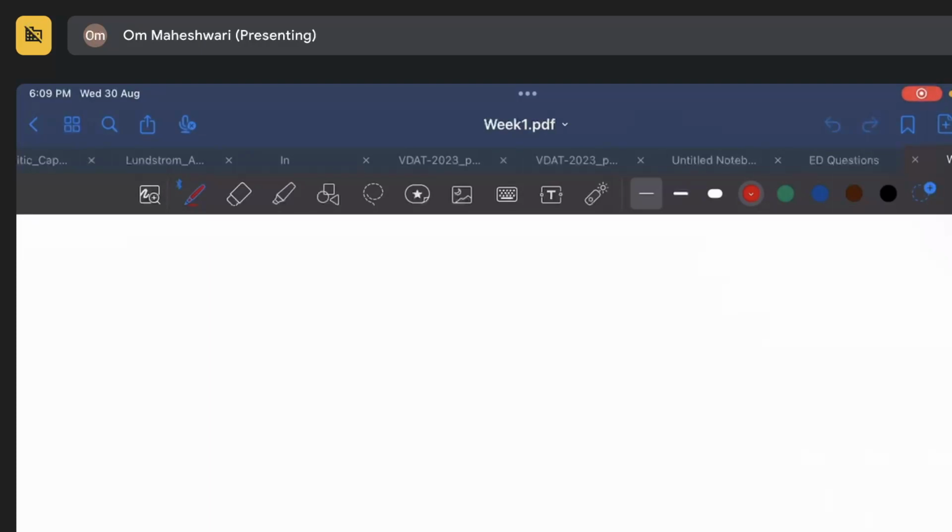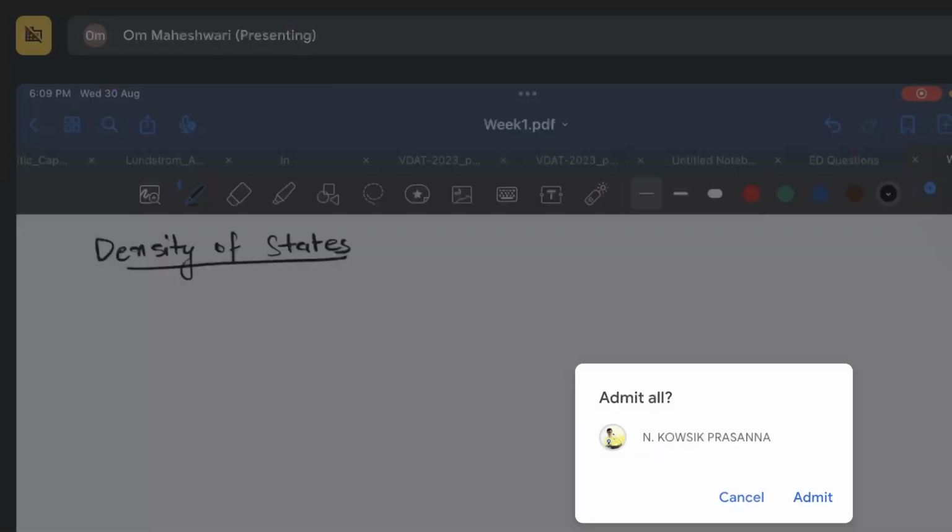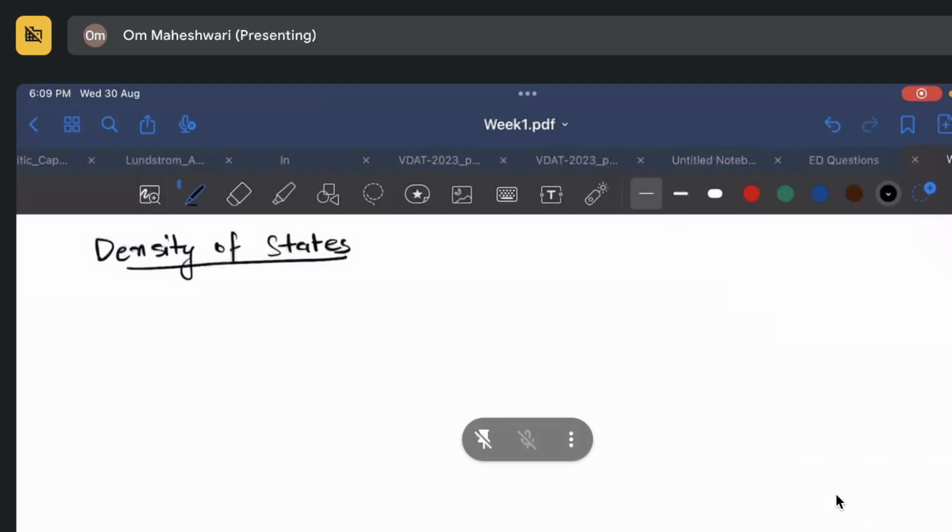Okay, so today I will be talking about density of states. Anybody has any idea? You might have read what is density of states. You can open your mic and speak up.